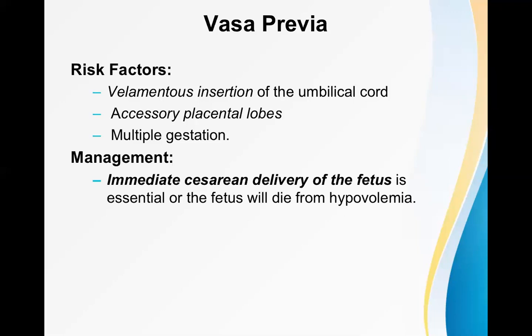It is not because of the maternal circulation. In abruptio placentae and placenta previa, it occurs from the maternal circulation. So whatever problem occurs, it is to the mother first, and after that the baby will suffer secondarily. But in this case, everything is getting lost from the baby. So there is a very high chance of death from the hypovolemia of the baby.